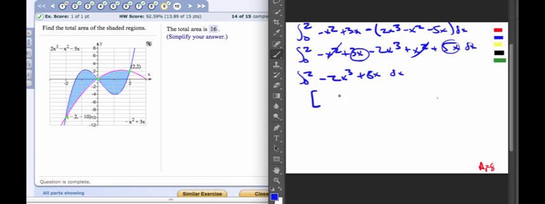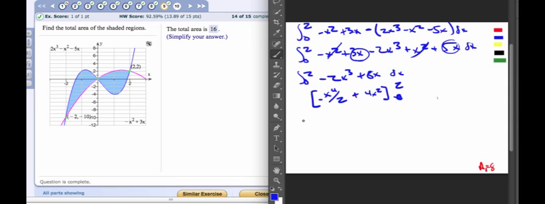Then we can go ahead and solve that out, which is basically the same thing as last time: x to the 4th over 4 simplifies to x to the 4th over 2, negative, plus 8x, whose integral would be x squared over 2 times 8, which is 4x squared. And then from 0 to 2 are our bounds.